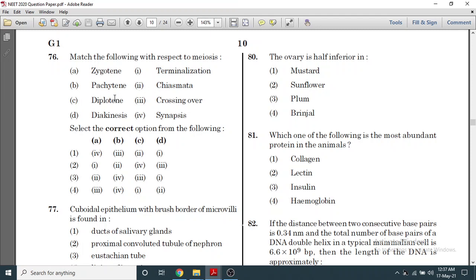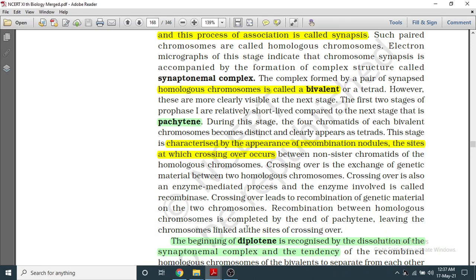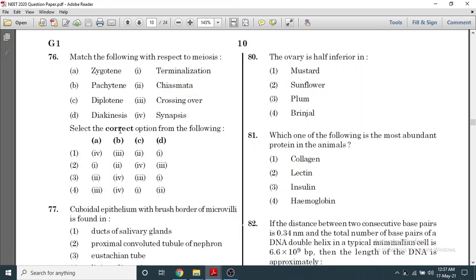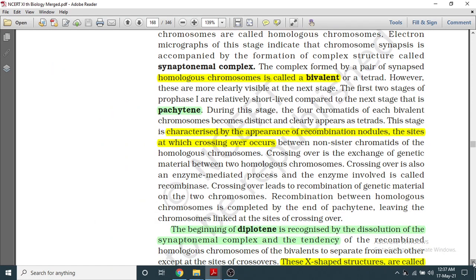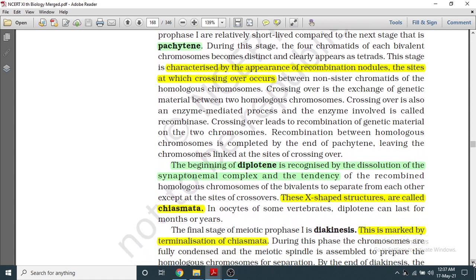Now we will look at the diplotene. Diplotene is recognized by the dissolution of the synaptonemal complex. Now, study further, X-shaped structure called chiasmata.